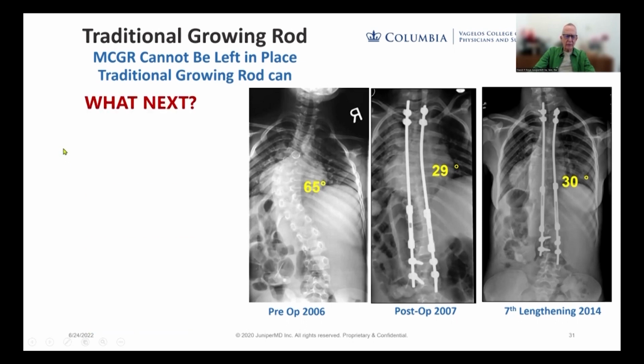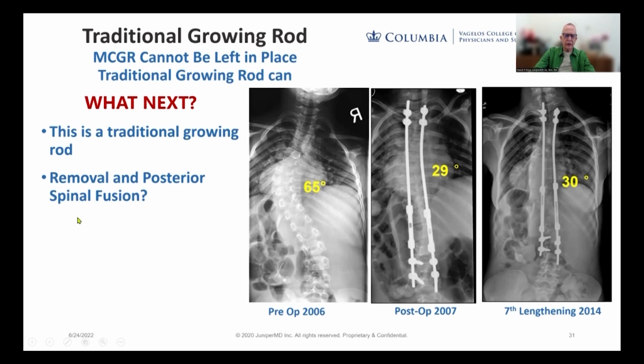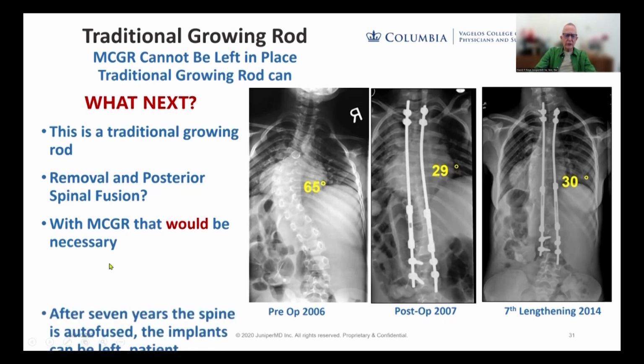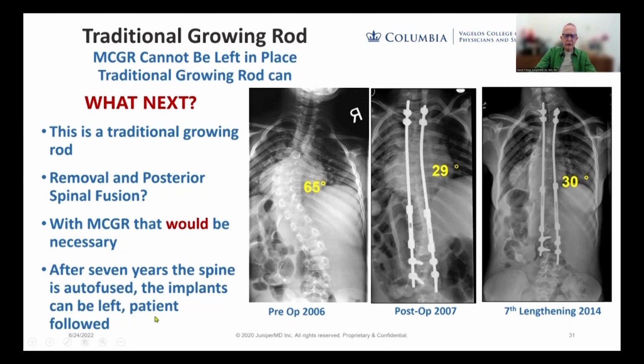The Magic cannot be left in place. This is a patient who went from a 65-degree curve to a 30-degree curve, and now we're faced with the decision: do we remove and do a posterior spinal fusion? With Magic, that would be necessary. But after 7 years with this traditional growing rod, the spine is autofused, the implants can be left, and the patient can be followed.